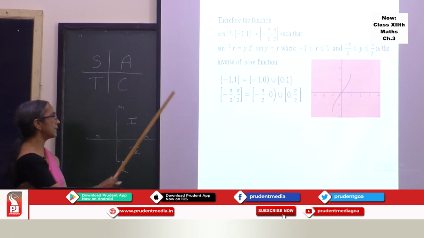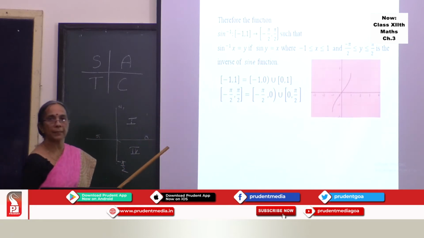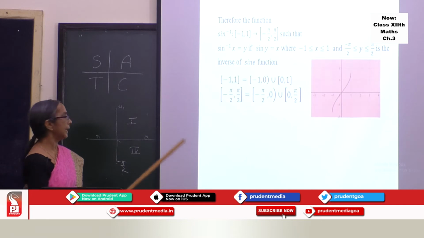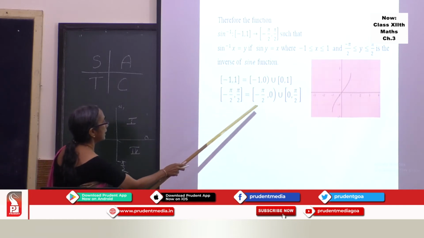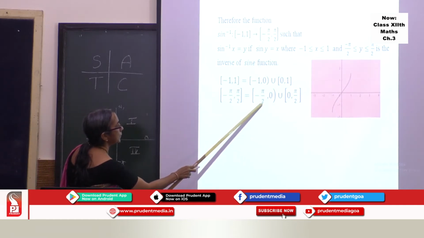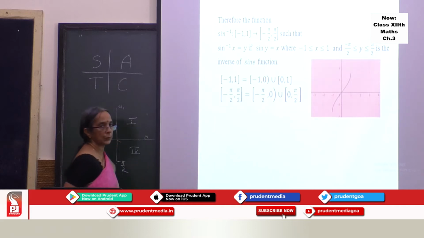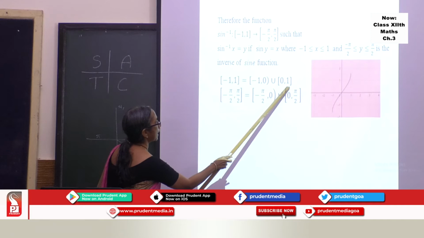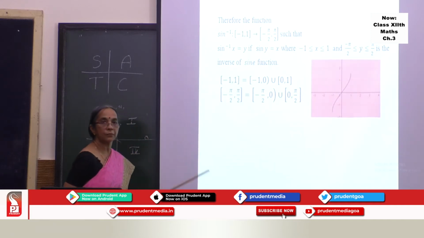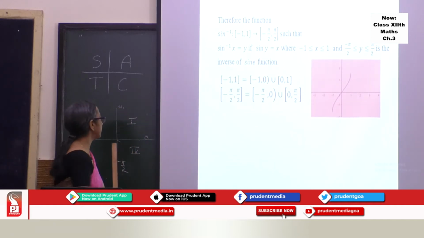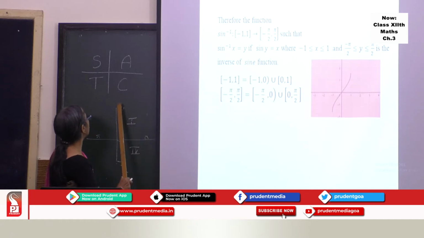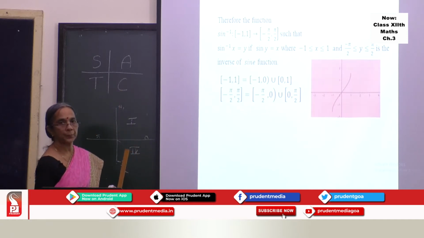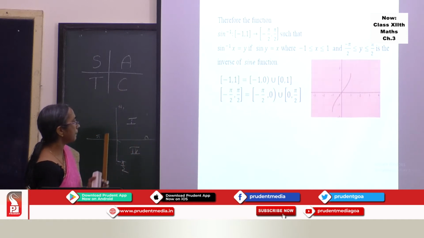Fourth quadrant here means not between 3 pi by 2 and 2 pi, it is between negative pi by 2 and 0. Sine inverse of a positive value is an angle in the first quadrant, which is between 0 and pi by 2.